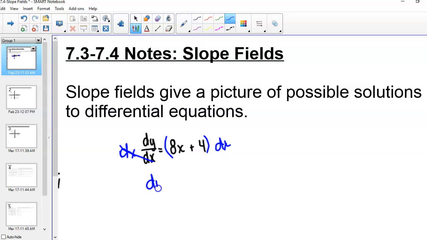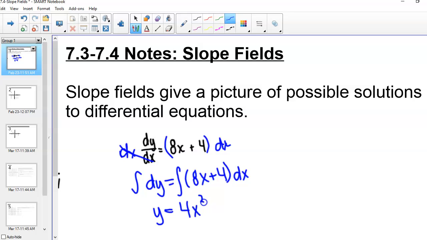That would leave you with dy equals 8x plus 4 times dx, and then you could integrate both sides of that equation. And so when you do that, when you integrate dy, you just get y, and over here you're just going to integrate 8x plus 4, and that's going to give you 4x squared plus 4x plus c.